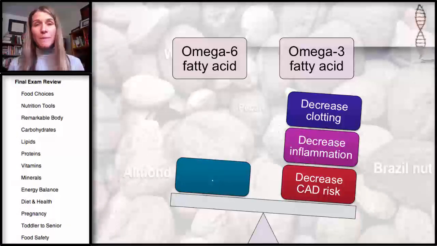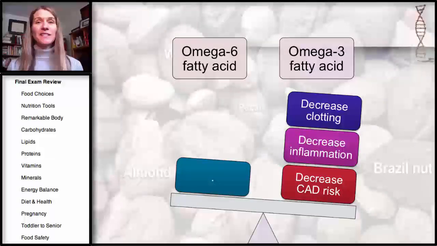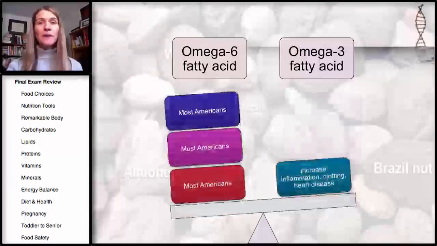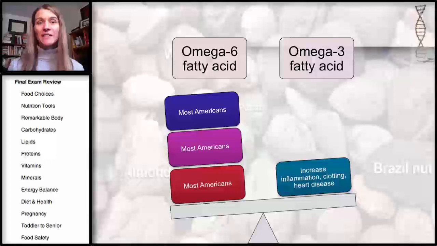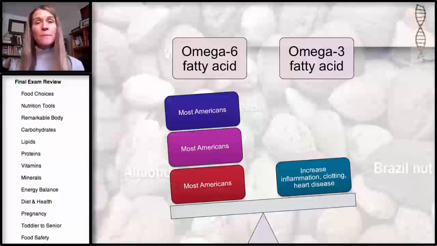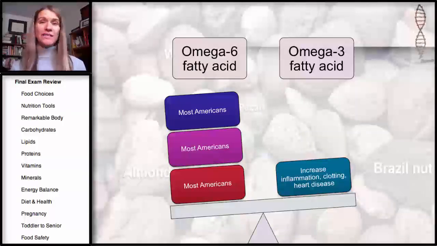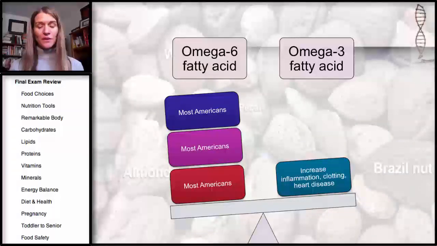We want a balance of omega-3s and omega-6s in our diet. Unfortunately, most Americans have too many omega-6 fatty acids, too little omega-3 fatty acids. This increases the risk of inflammation, clotting, heart disease, but also most chronic diseases. Remember, omega-6 fatty acids occur with most vegetable oils, particularly things like soybean oil.